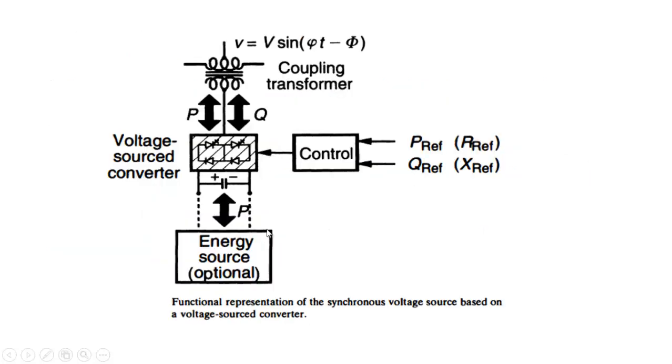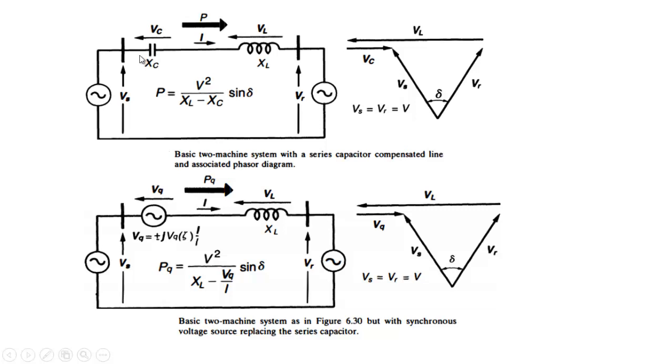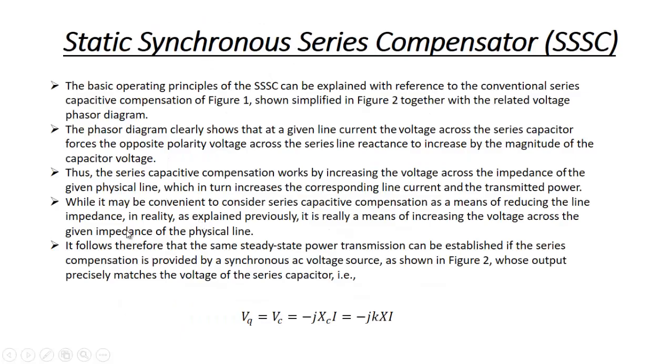So even if we know that it is the reactance that has decreased, in other words, we can say that it is the voltage that has increased across this impedance that makes the current increase, and ultimately power increases. It follows therefore that the same steady-state power transmission can be established if the series compensation is provided by a synchronous AC voltage source.